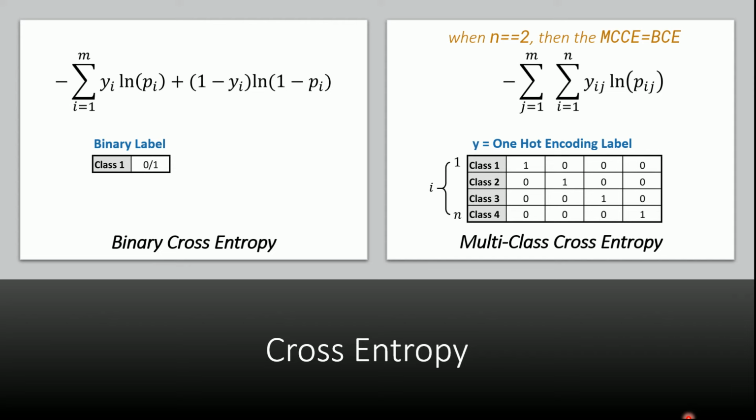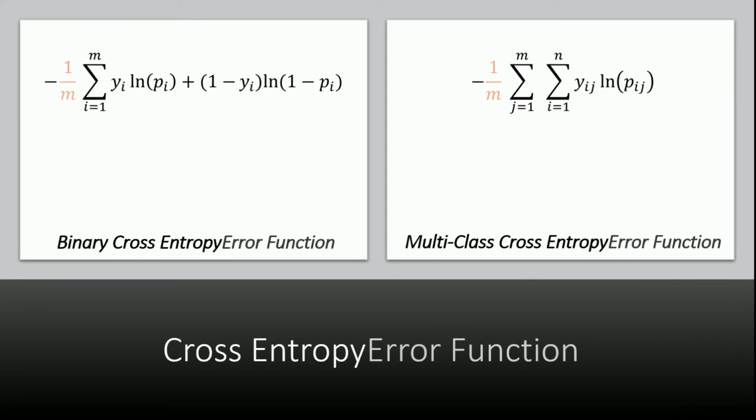Now, this is the cross-entropy. So what about our error function? Well, the only thing that we need to add here is that the cross-entropy will produce a sum of numbers, but we want to have an overall error. In order to get an overall error, we need to take the average of this. So we simply need to divide by the number of our inputs. So this is what really happens.